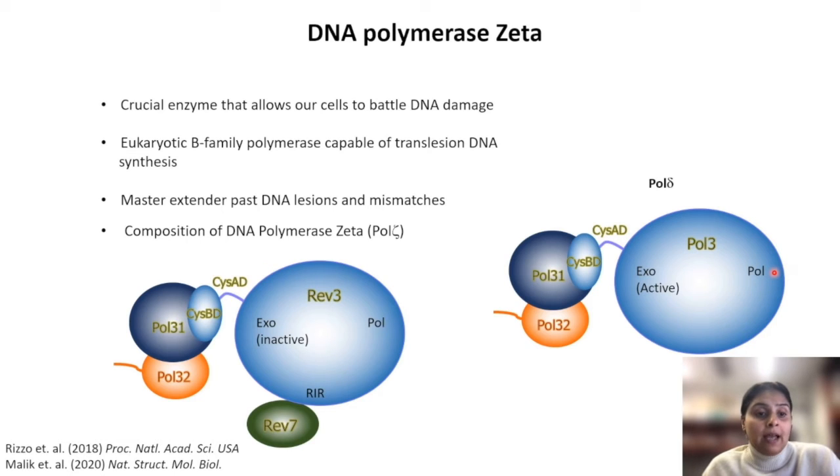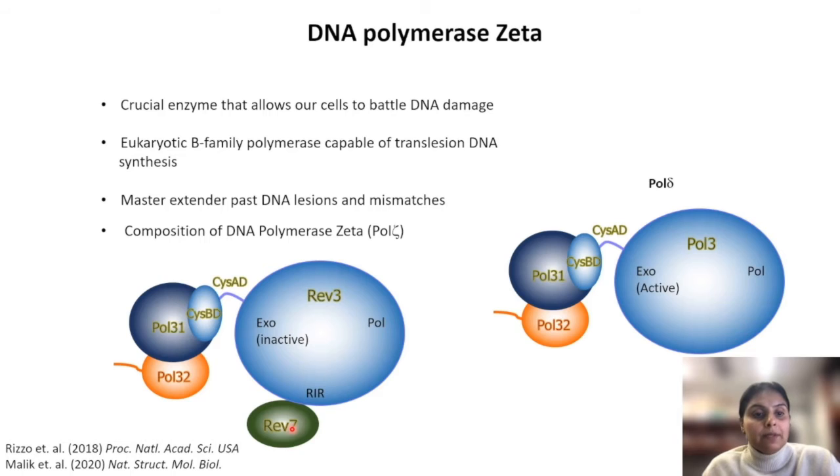So Pol zeta actually has a third accessory subunit called Rev7, which is unique in Pol zeta among all B family polymerases. Rev7 belongs to a family of HORMA proteins which have other functions in the cell, such as acting as spindle assembly checkpoint proteins during chromosome segregation in the cell.